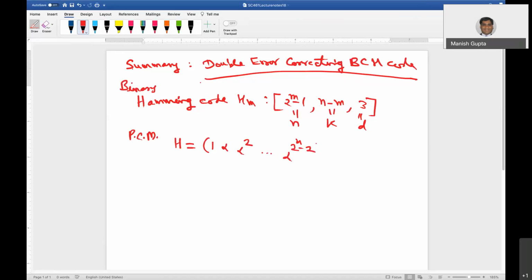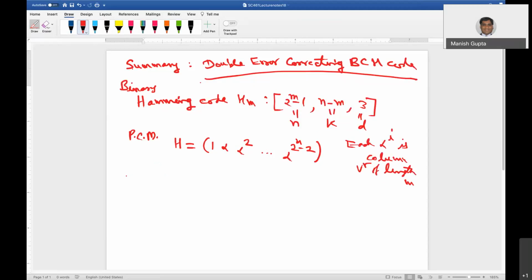If you recall, this is the parity check matrix, where each entry here can be written as a column vector. Each alpha raised to power i is a column vector of length m.